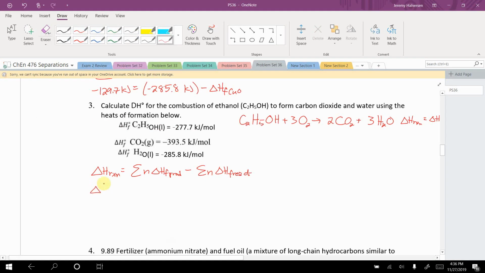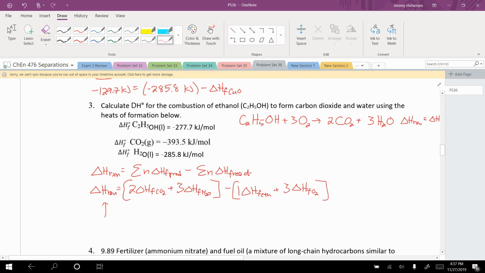Well, my products are 2 times the delta H of formation of CO2 plus 3 times the delta H of formation of water. Minus 1 times the delta H of formation of ethanol plus 3 times the delta H of formation of oxygen.